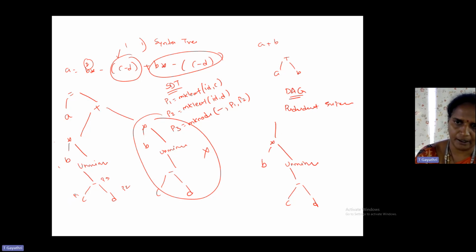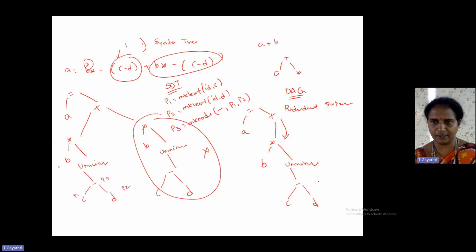We can represent it with the same node. That is the DAG. So once again, observe the difference between the syntax tree and the DAG: the DAG is used to remove the redundant expression.